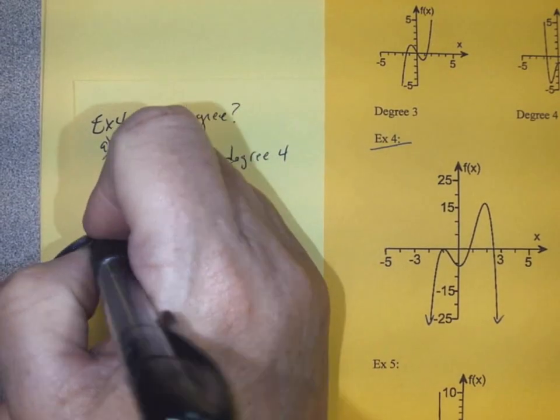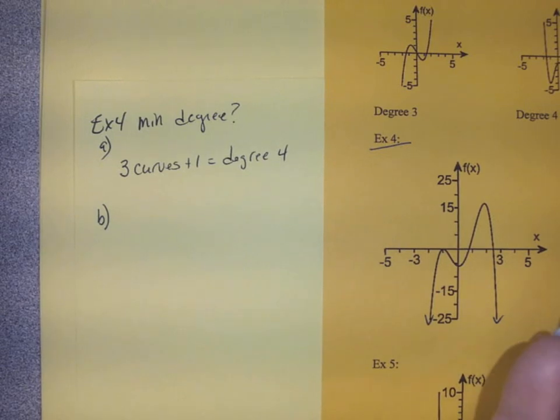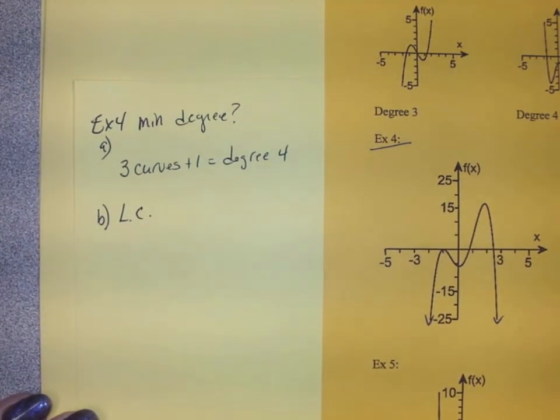And part B is what's happening with the graph. So is it going to go up? Is it going to go down? Well, when we look at this, we know what's happening with the graph. We're looking at the leading coefficient. So leading coefficient, again, I'm going to write as LC.